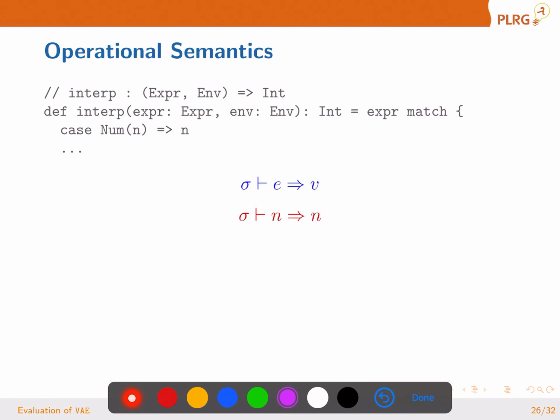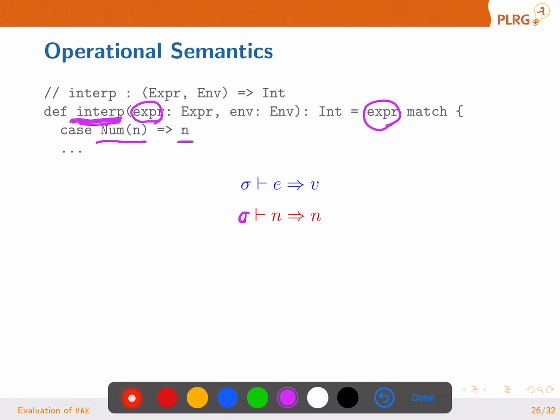Let's look at the first example of that, which is the simplest one, number. This one says, hey, interpreter, if the expression that you are going to evaluate is a number, then the value of this expression is going to be that number. How can you write that in operational semantics?